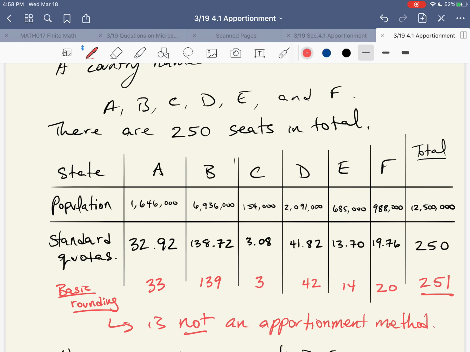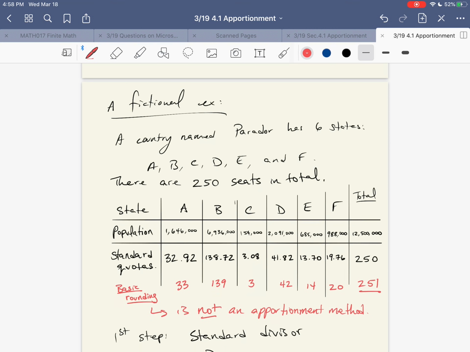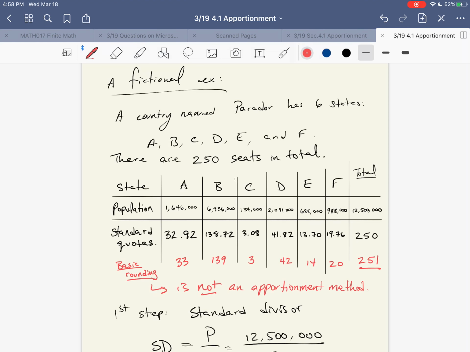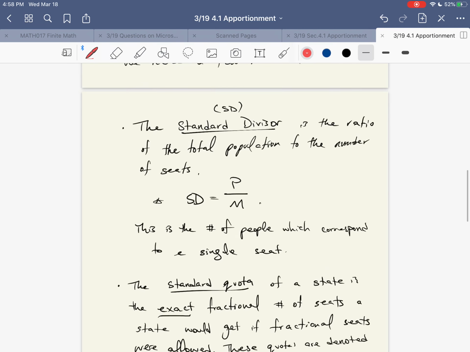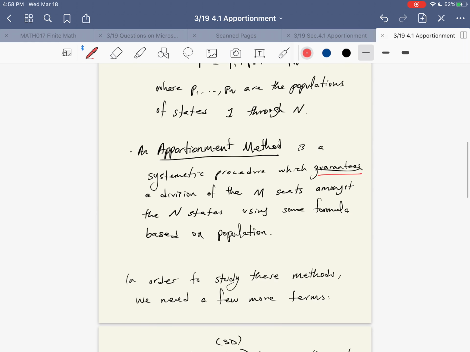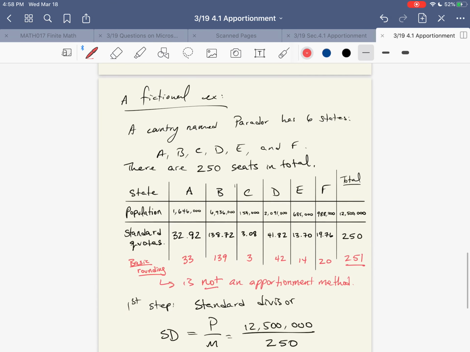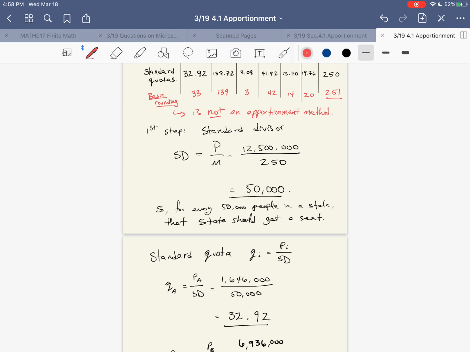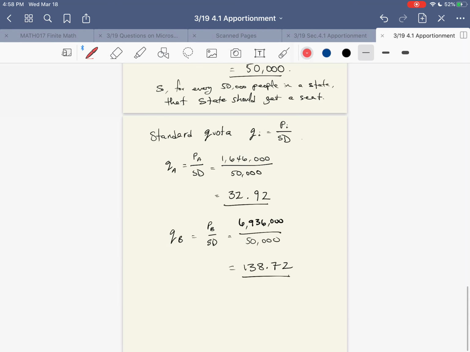But if a couple of these had been lower and we had rounded an even number of them down and an even number of them up, then maybe this would have worked. But just the fact that we found one which doesn't work, and remember, an apportionment method is supposed to guarantee a division of the m seats amongst the n states. This doesn't do it. So, basic rounding doesn't work.